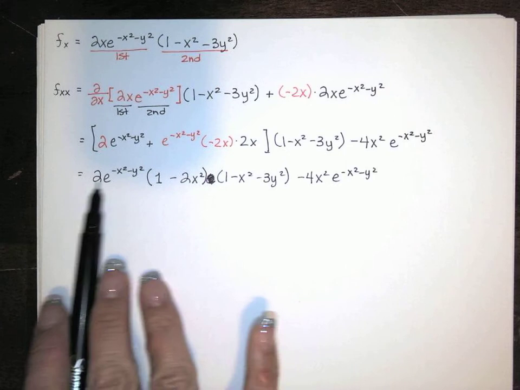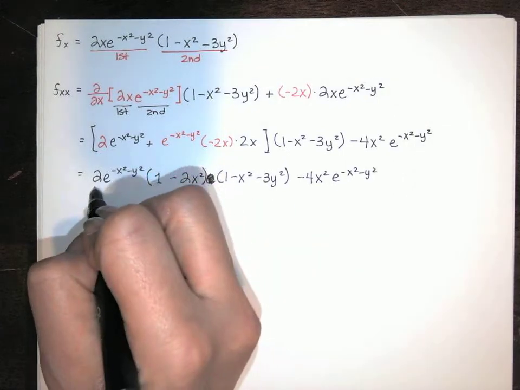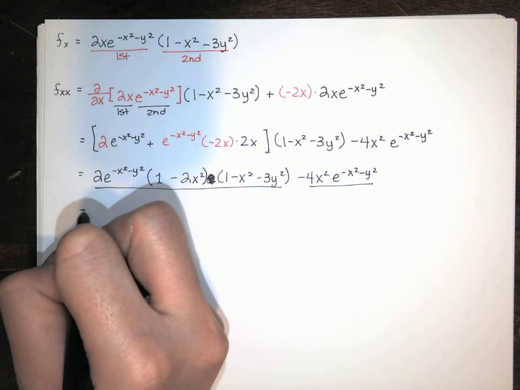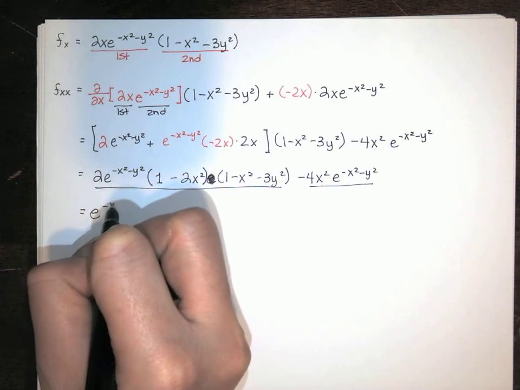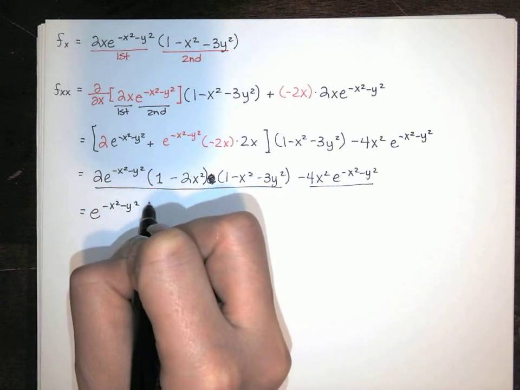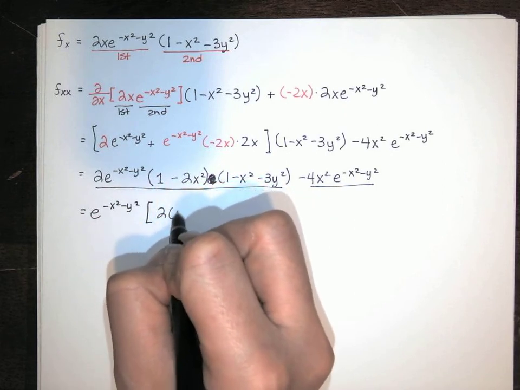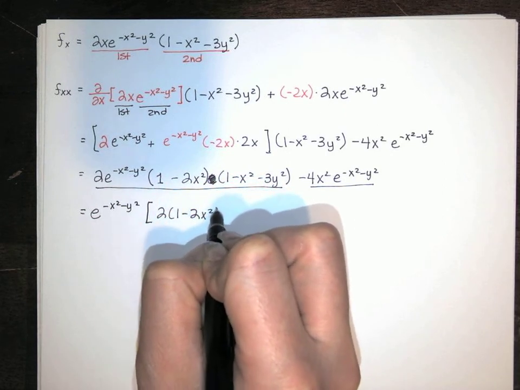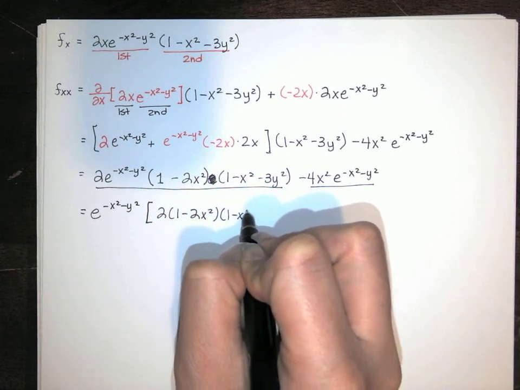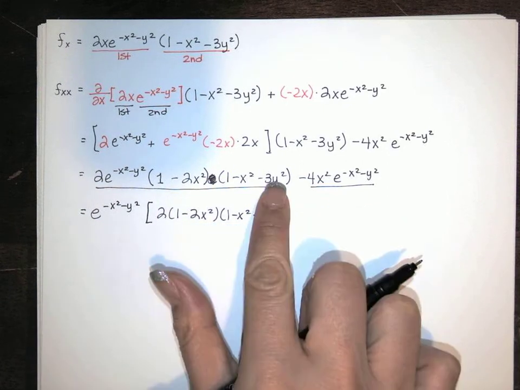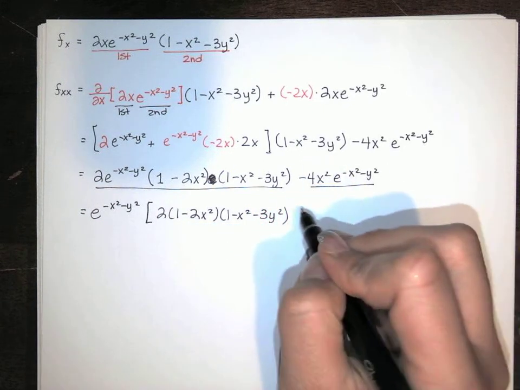And I'm still hoping to be able to factor something out from everything. I think we can factor out the exponential from everything. If I think of this as a first term and this is my second term. So we have 2 times this times the exponential is our first. That times that gives us that. And then we're subtracting 4x squared.